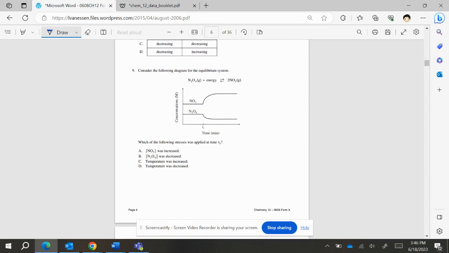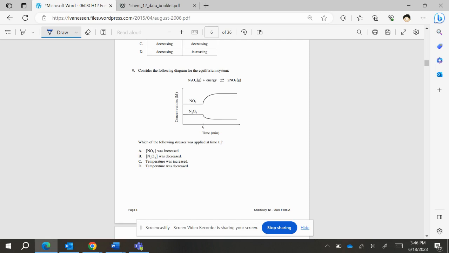Okay. Consider the following diagram for the equilibrium system. Which of the following stresses was applied at time 1? Right here, the first thing is that everything is going in a different direction, with no spiking up or spiking down, and we have just two things. KEQ cannot be equal for these two numbers, right?